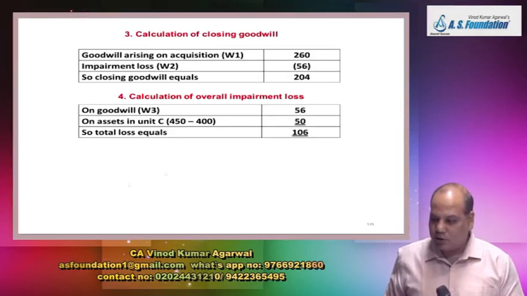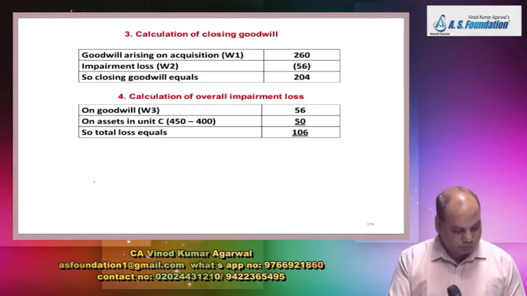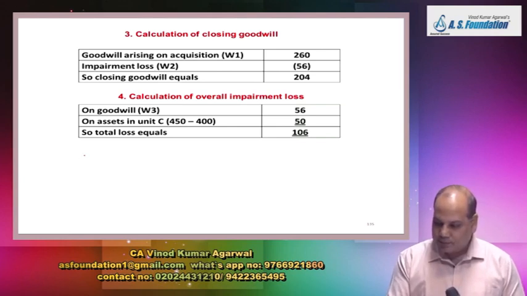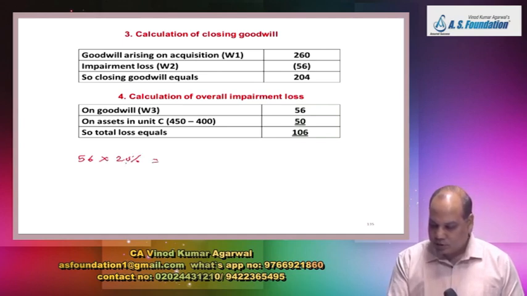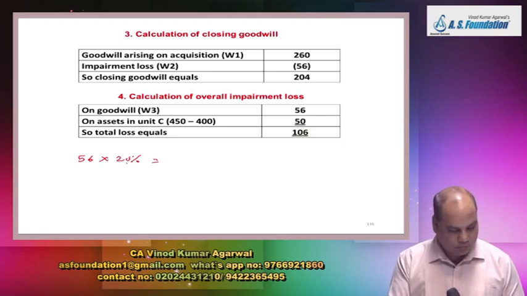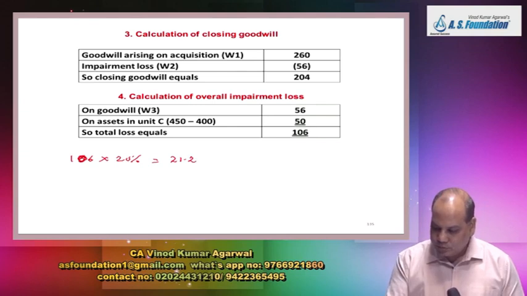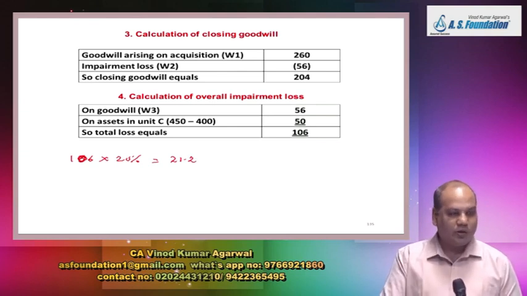How will this impairment loss be allocated? So goodwill impairment loss is how much? 56 into 20%. Tell me how much is that? Oh, total impairment loss 106 into 20%. 21.2 will be allocated to NCI.